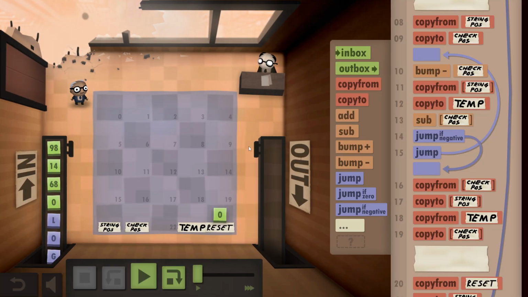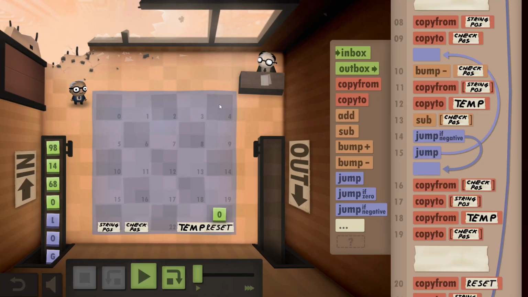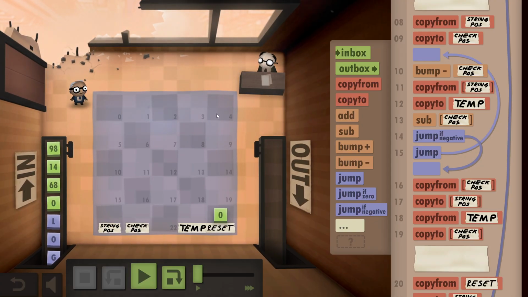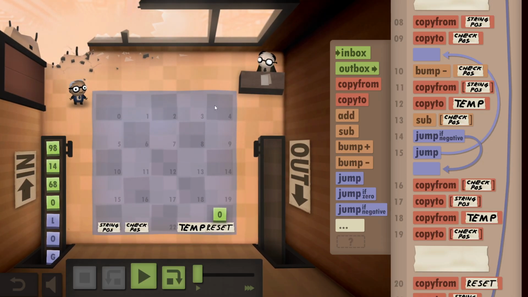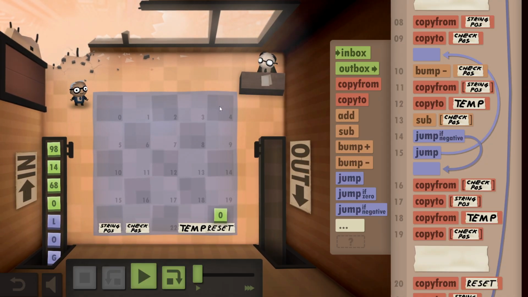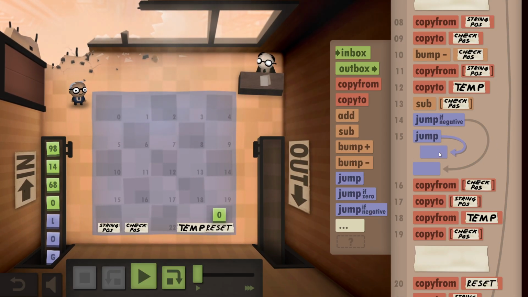So we go through the process. But then we need to go back here. This jump is confusing.